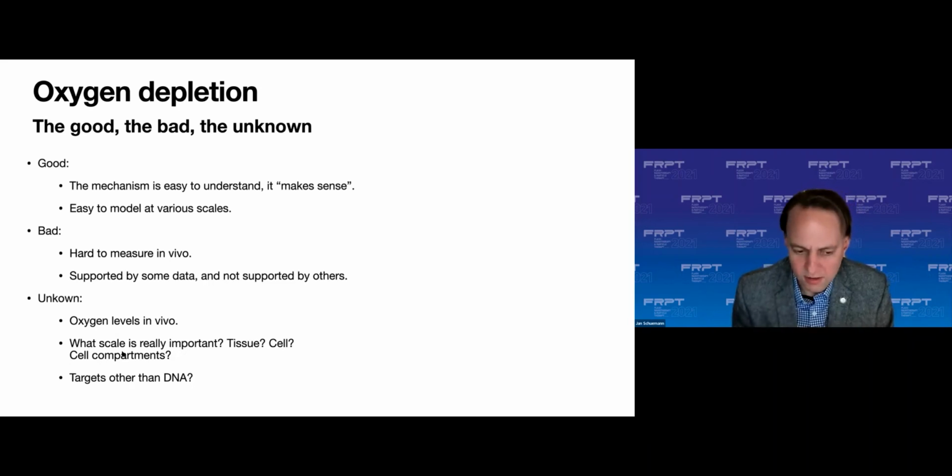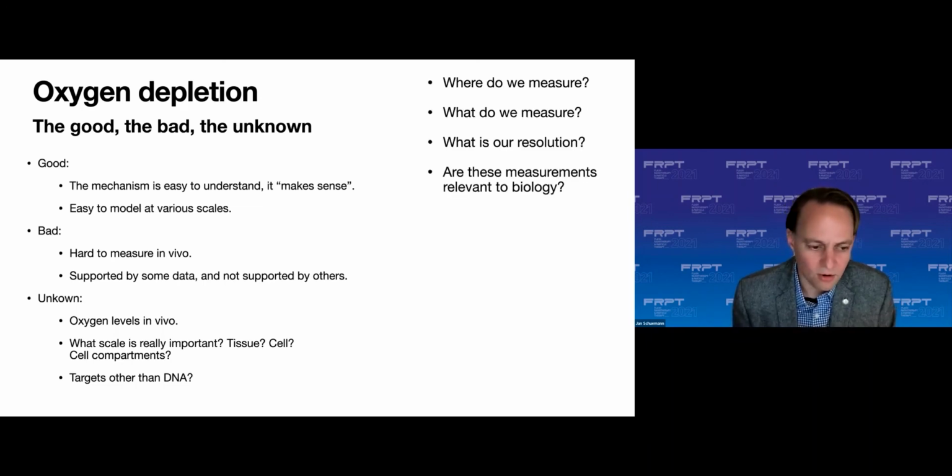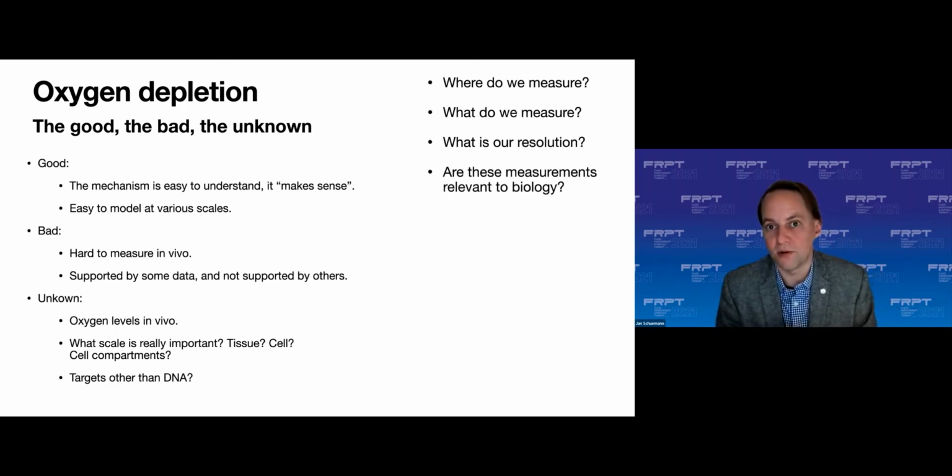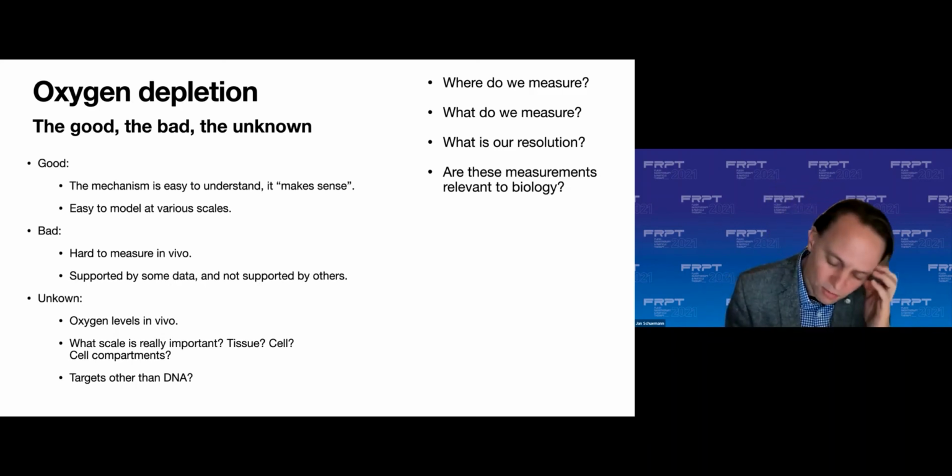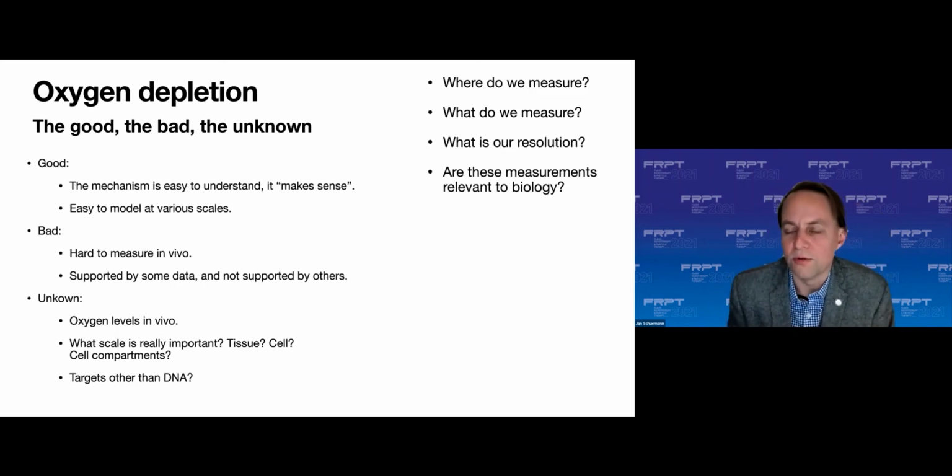And what are the targets that we really are looking at? Is it just DNA damage that we impact by having the oxygen enhancement ratio, or is it other things like mitochondria or even the cell membrane that have been thought to play a role in FLASH tissue sparing?